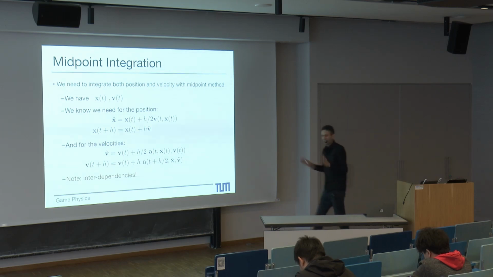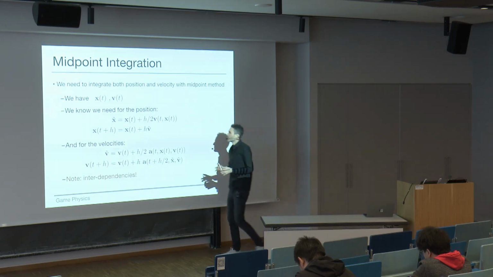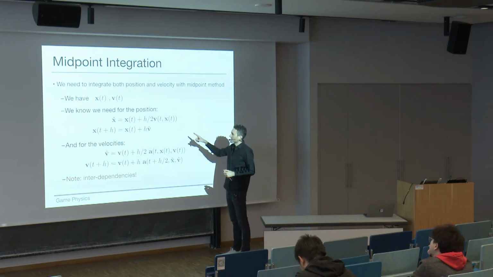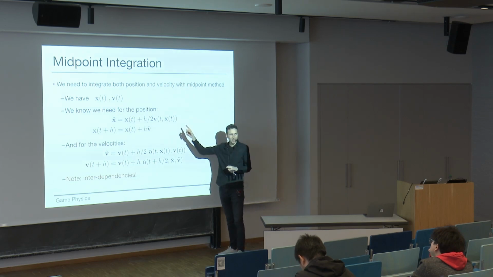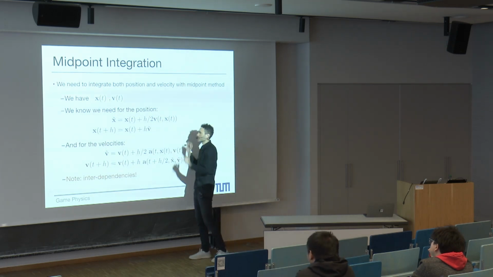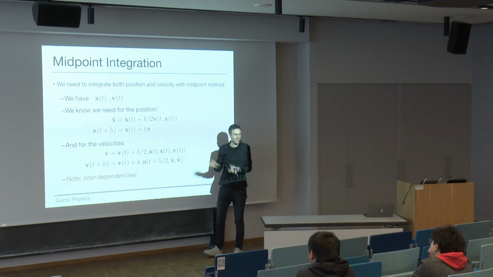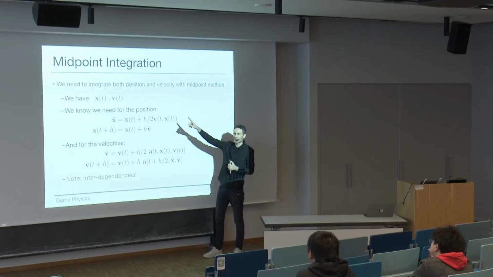It's not too bad, it's not complicated, but the important thing to keep in mind here is that now these two depend on each other. So in a way, we cannot, as implemented before, think about it in terms of just saying, well, we update the position, and then there's another function that does midpoint for velocities, because the midpoint steps of both depend on each other.